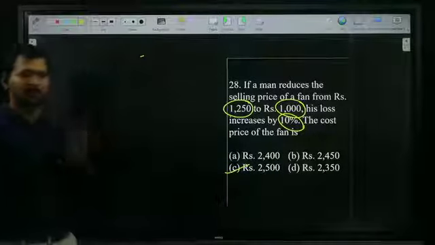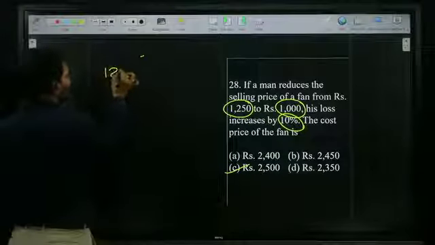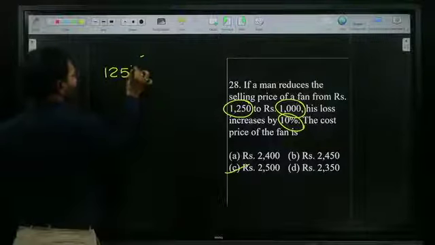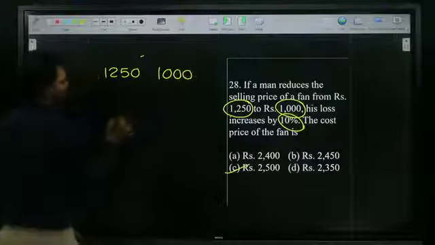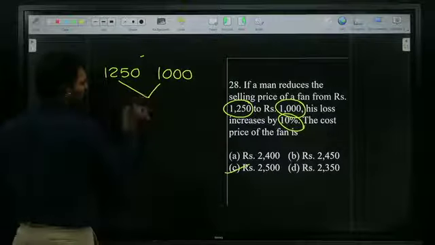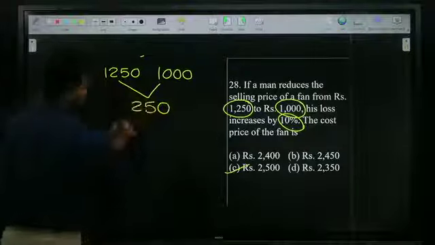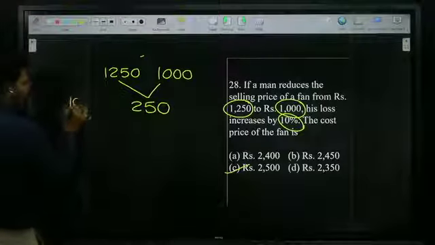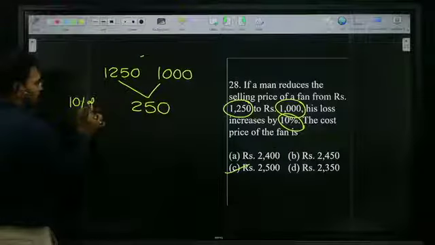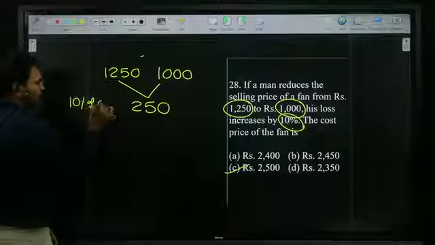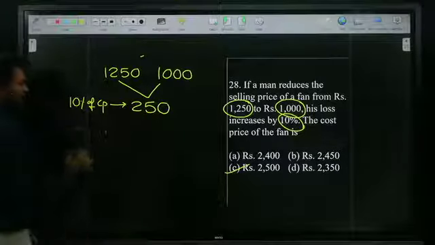It is a straight question. Look at me, I will explain once again. Here the selling price 1250 becomes 1000. It is reduced by 250. Due to this 250, the loss increases by 10%. 10% of CP is nothing but 250.